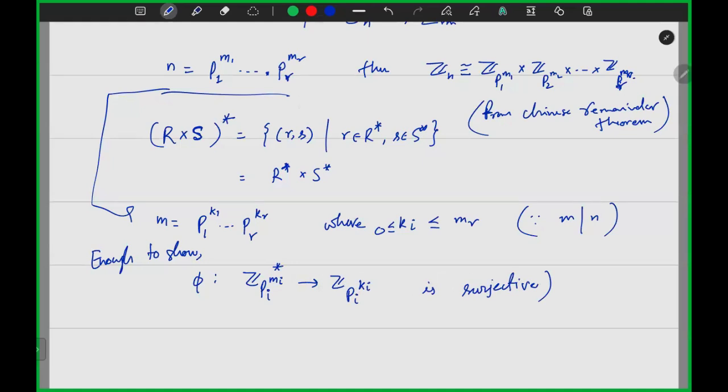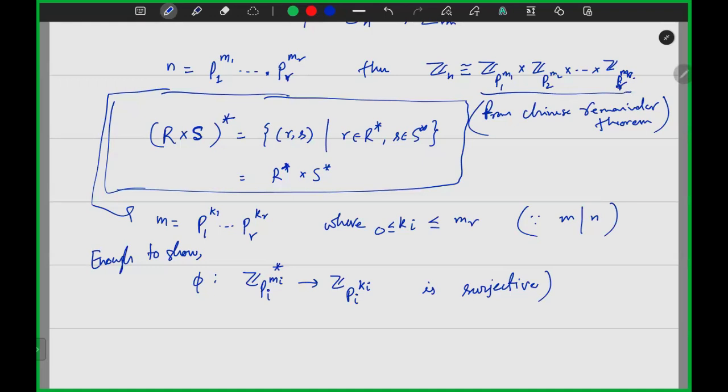Use this product description. If you show component wise surjective on units, then any unit of this product ring will be coming from some unit of the other.